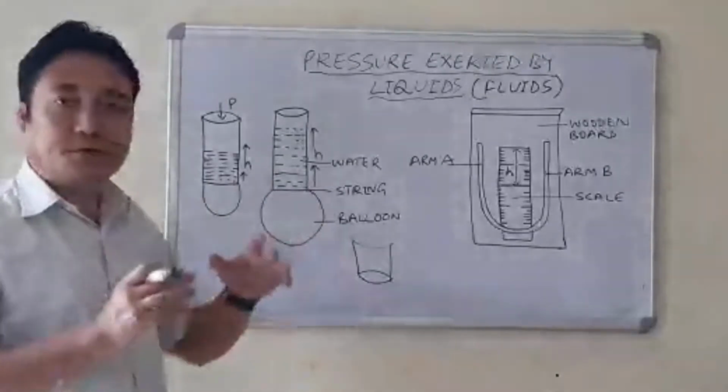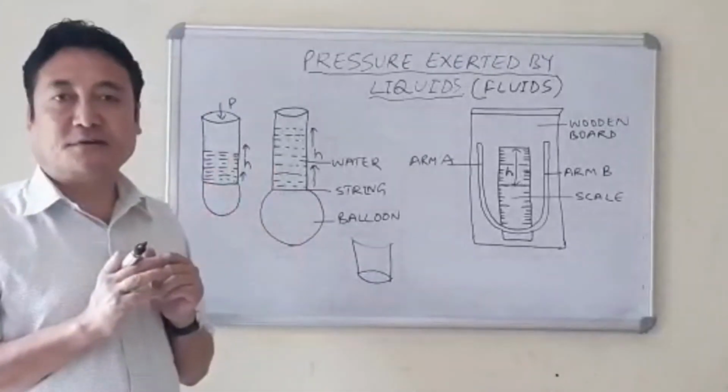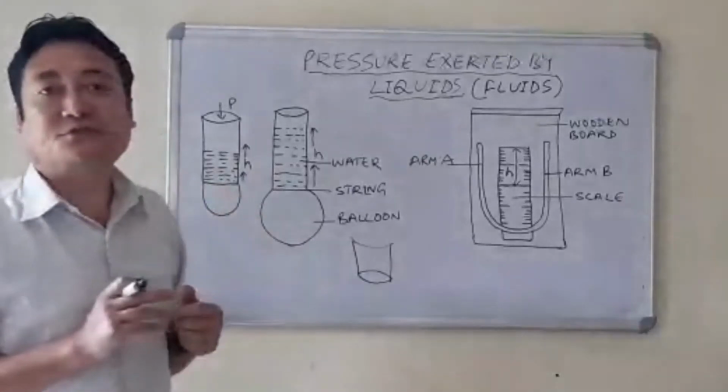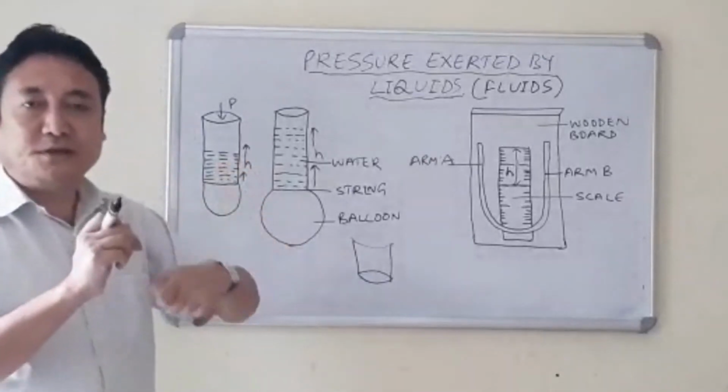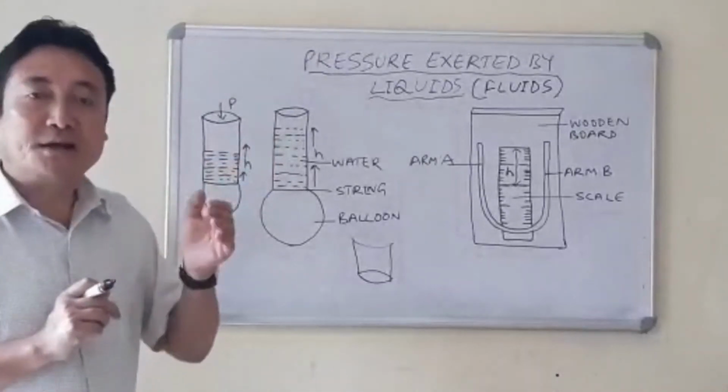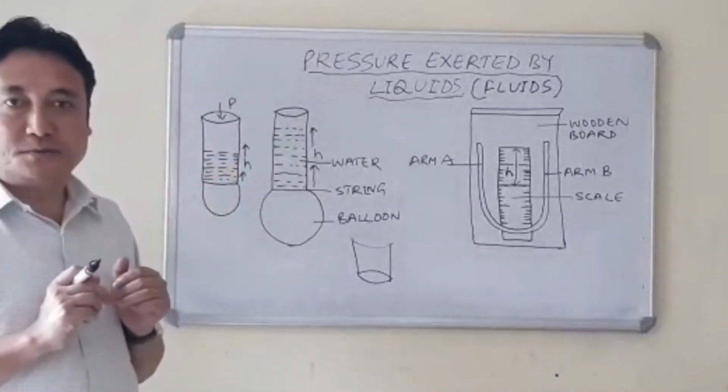You tie a balloon on one open end of the glass tube with the help of a string.